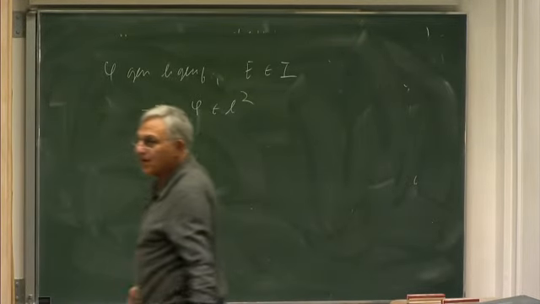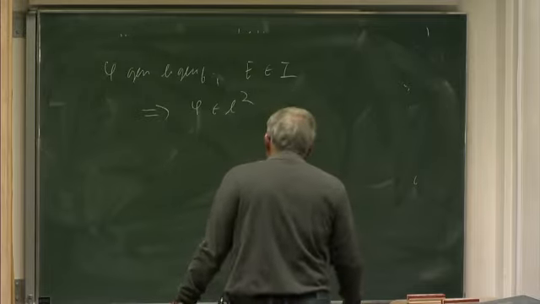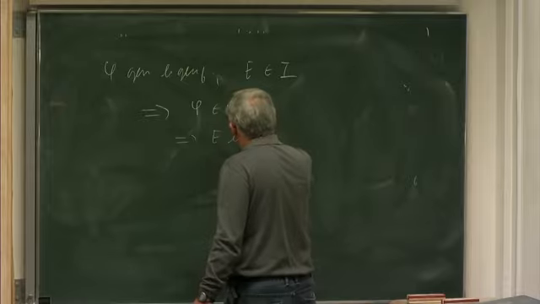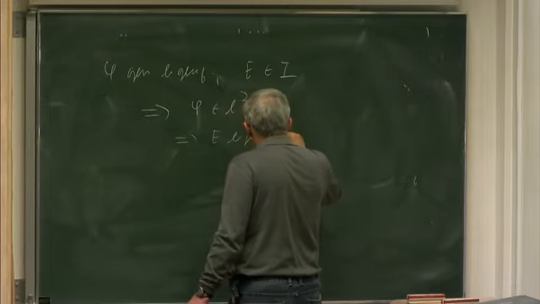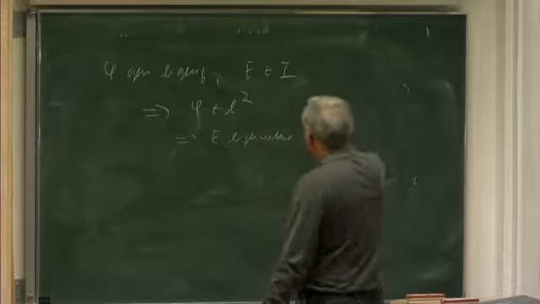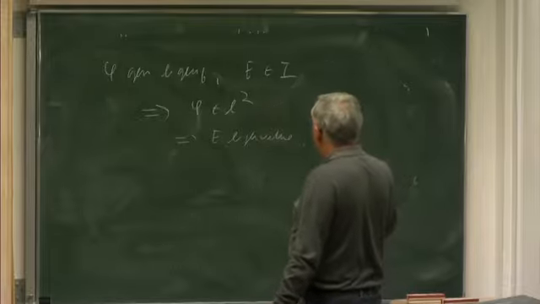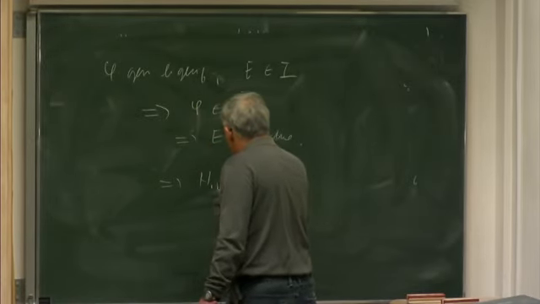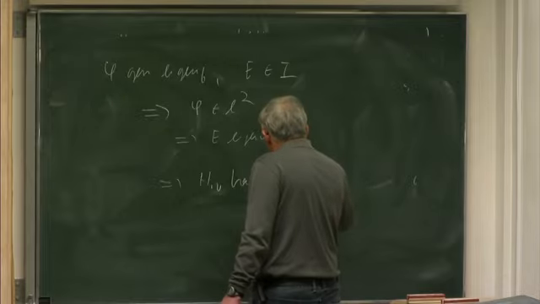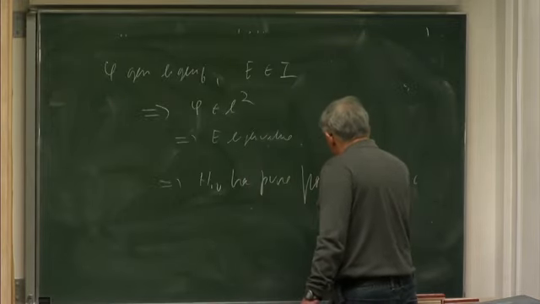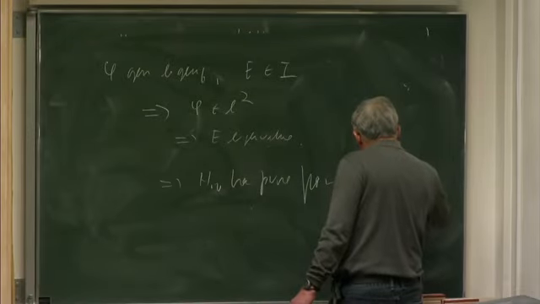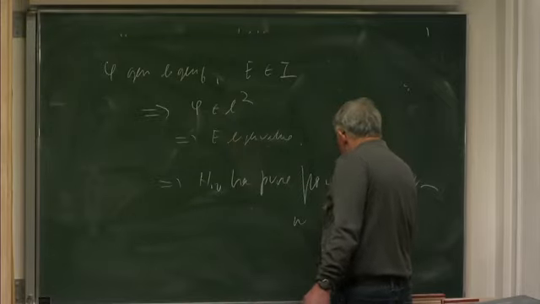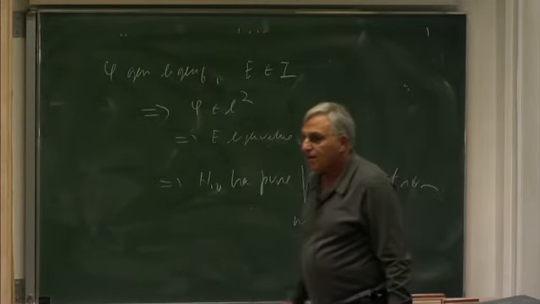It's exponentially decaying. So this means that E is actually an eigenvalue. So all generalized eigenvalues are eigenvalues, so I conclude that H omega has pure point spectrum in the interval I.